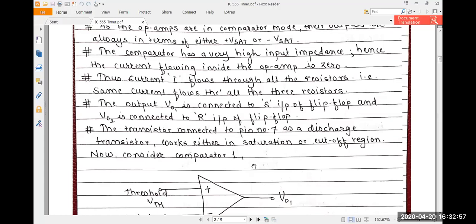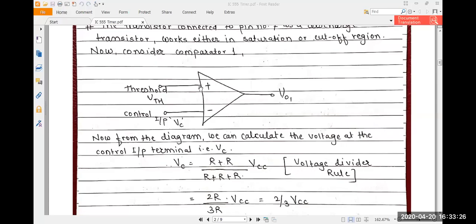Now we know the control voltage. So if VTH is greater than that particular 2/3 VCC, remember VTH is the voltage applied to the non-inverting terminal.